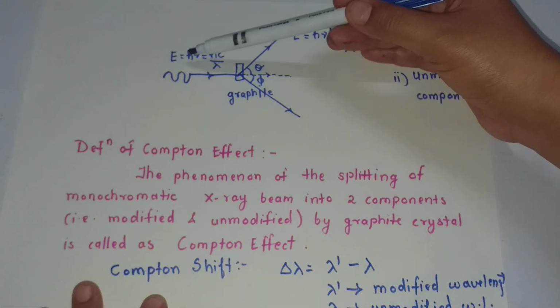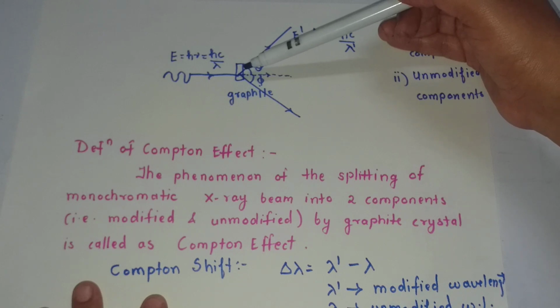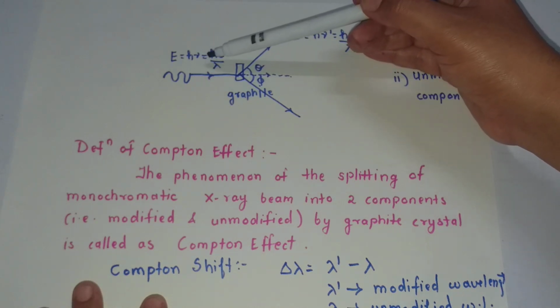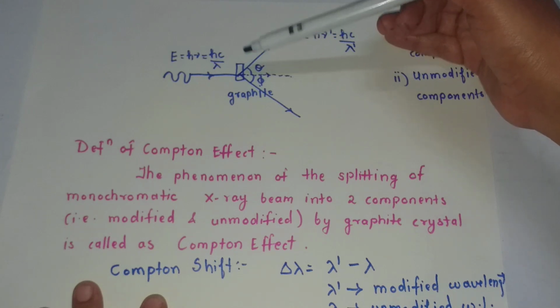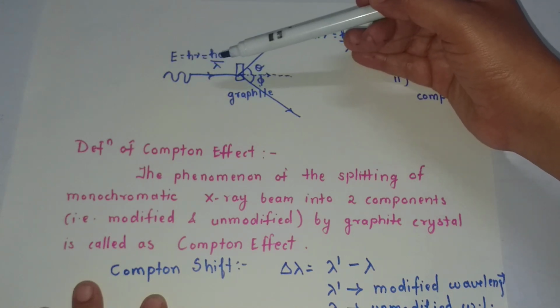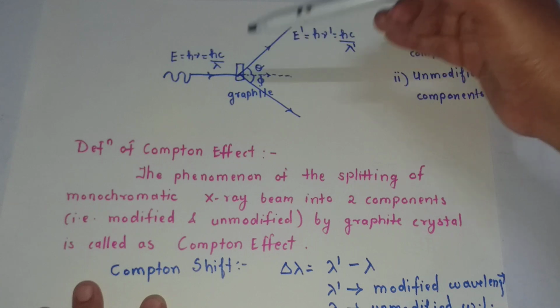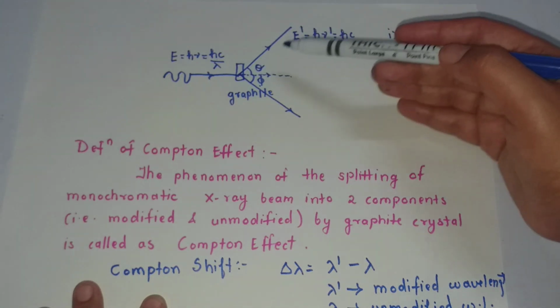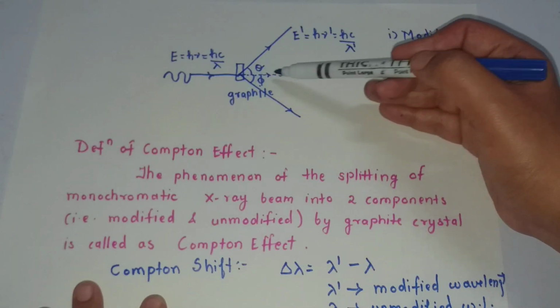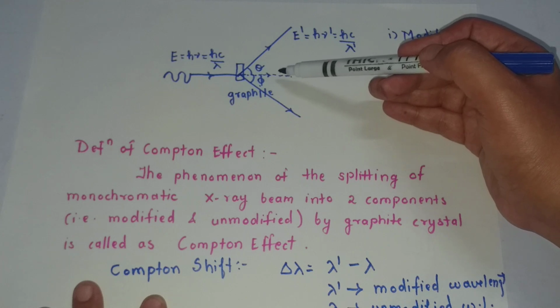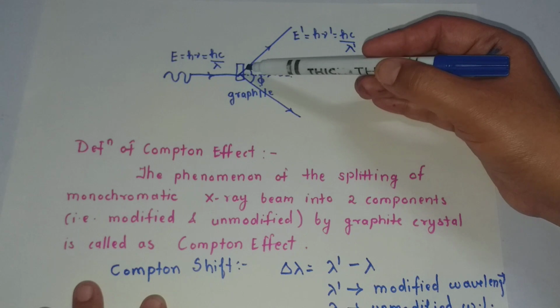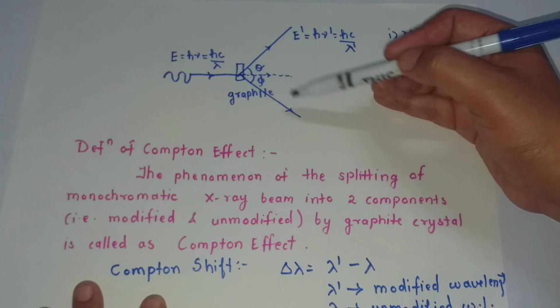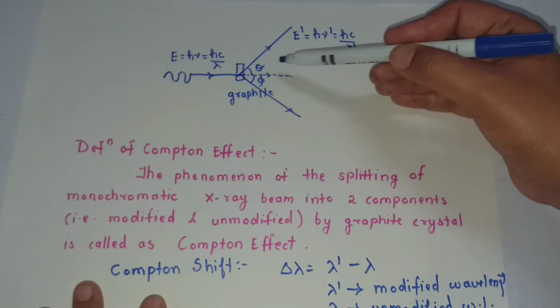When this photon is incident on the rest electron, it imparts some energy to the electron. That is, it transfers some part of its energy to the rest electron and it gets scattered by making an angle theta with the direction of incident. The rest electron gains some momentum and it gets recoiled by making an angle phi with the direction of incidence.